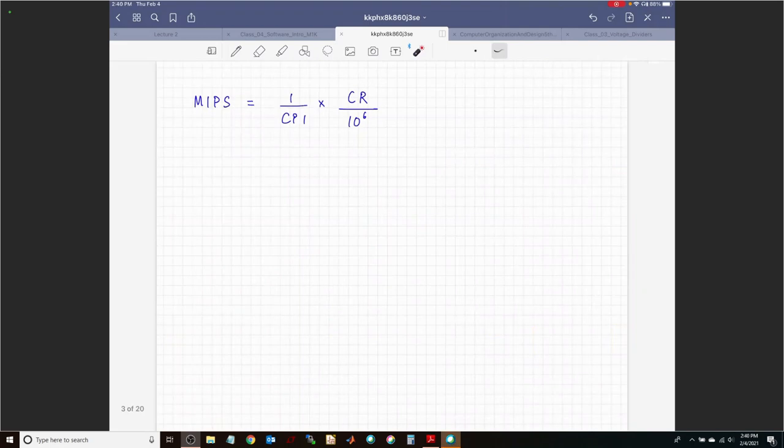So that's what I have to begin with. Now I can express this same equation as instruction count divided by CPU time multiplied by 10 to the 6, where IC is your instruction count, or your instructions per program.